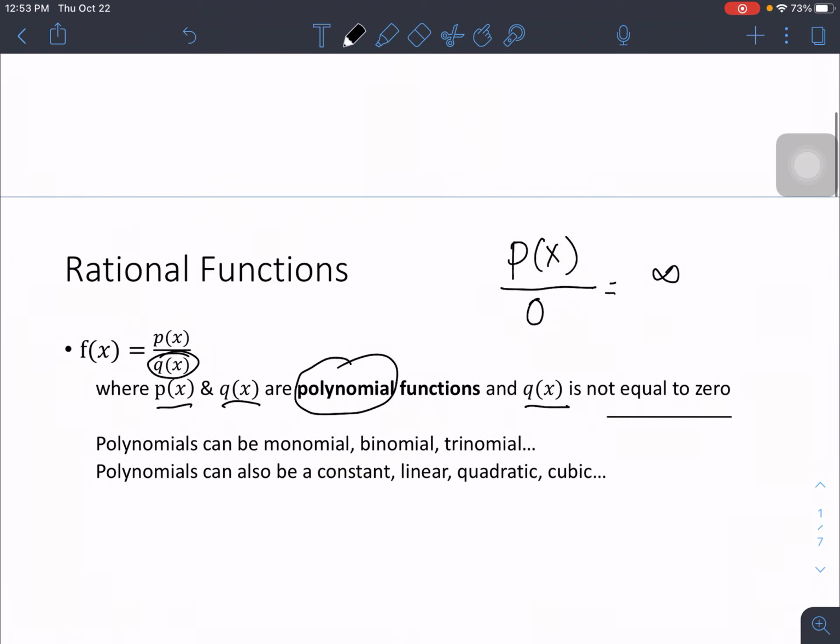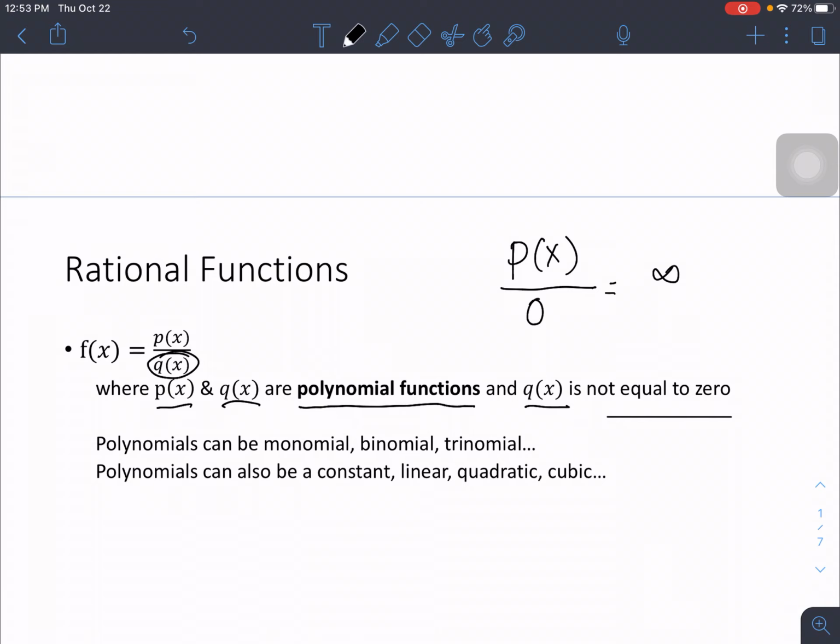So let's review first what a polynomial is. A polynomial could be a monomial, meaning one term, a binomial or two terms, a trinomial or three terms, and so on.